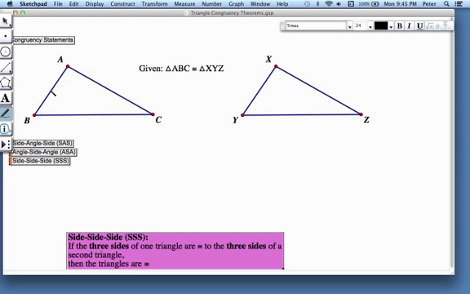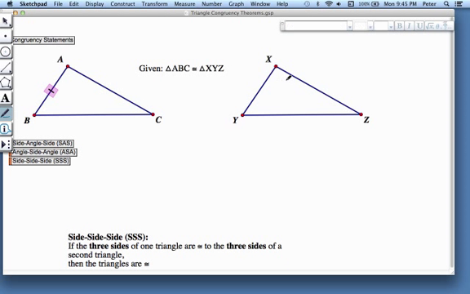So in other words, if you knew that AB was congruent to XY, and you knew AC was congruent to XZ, and you knew that BC was congruent to YZ, well, then you'd know that the two triangles were congruent by side, side, side. You need to memorize not the entire theorem, but just the abbreviation SAS, ASA, and SSS.